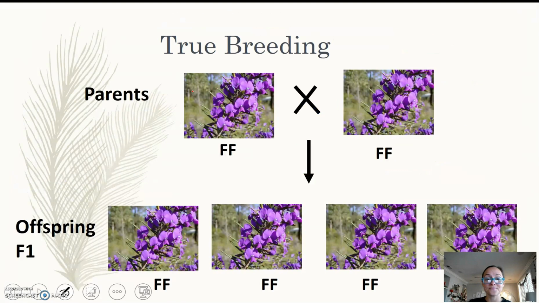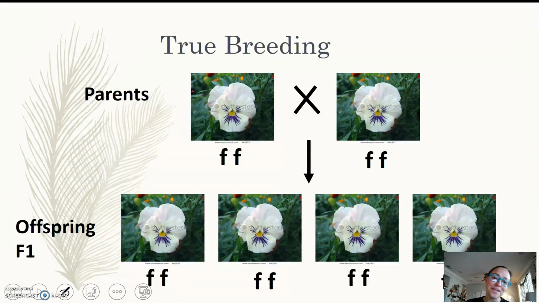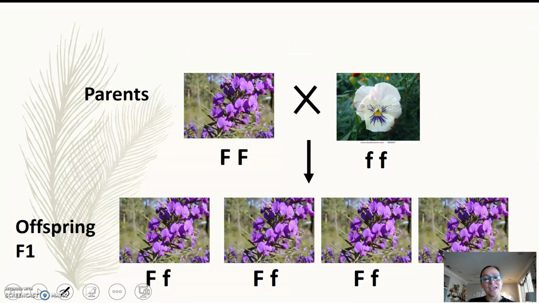Okay. And just some other vocabulary when we talk about genetics. You have true breeding. True breeding is purebred, or homozygous dominant, or homozygous recessive. And then when you cross these two, all of the offspring are heterozygous. We call that hybrids. So we also call the first generation the F1. So this would be the parental generation.